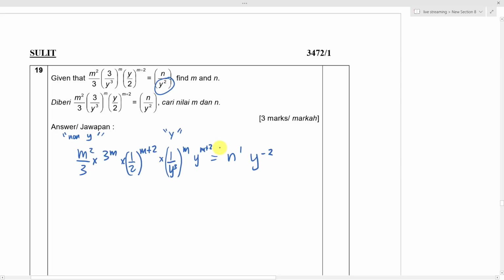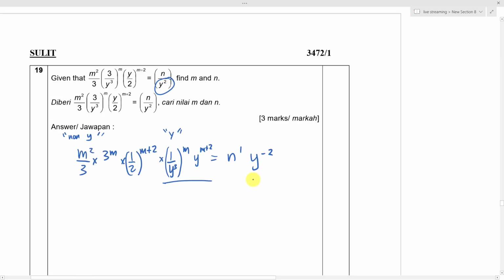Alright, so I will do the y first because the power of it equals negative 2, right? But I will just group everything together. This 3 power of m, I don't know, okay, no, cannot multiply also.